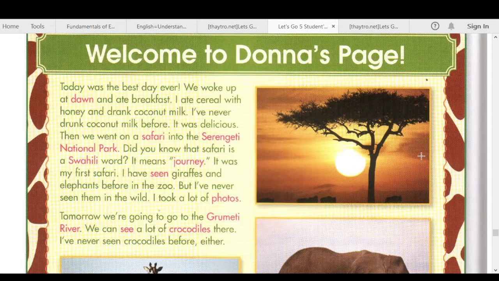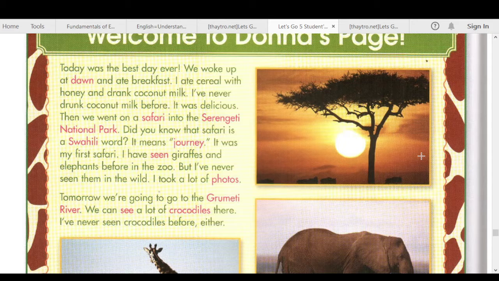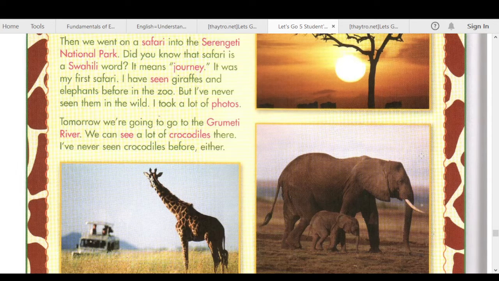Did you know that safari is a Swahili word? It means journey. It was my first safari. I have seen giraffes and elephants before in the zoo, but I've never seen them in the wild. I took a lot of photos. Tomorrow we're going to go to the Grumeti River. We can see a lot of crocodiles there. I've never seen crocodiles before either.